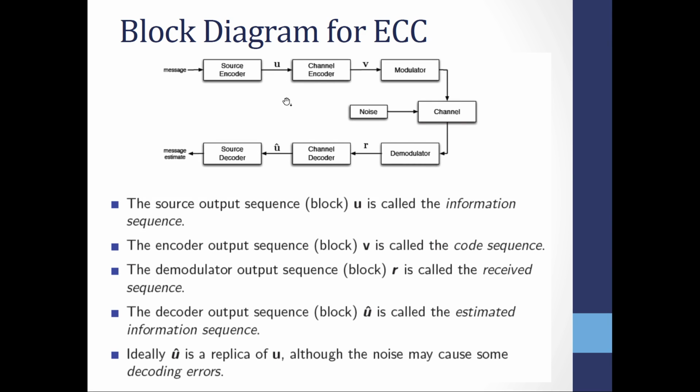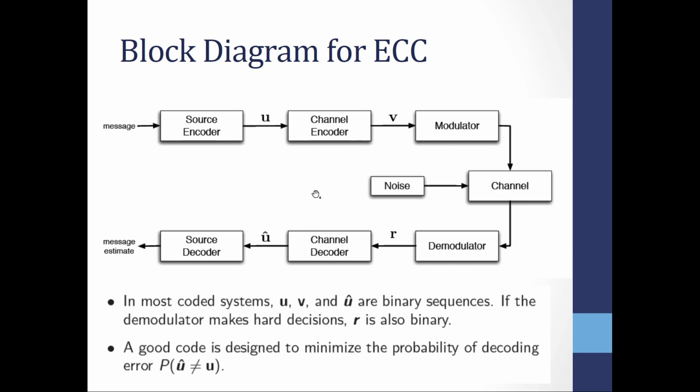It's U. But since you have some noise and estimation errors and other functionalities, U hat and U sometimes are not exactly the same, and that's why we plot the bit error rate or curves that show us the difference between the transmitted sequence and the received one.